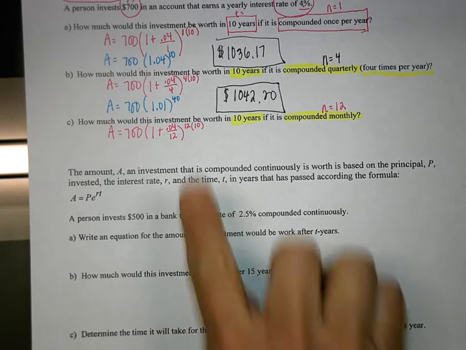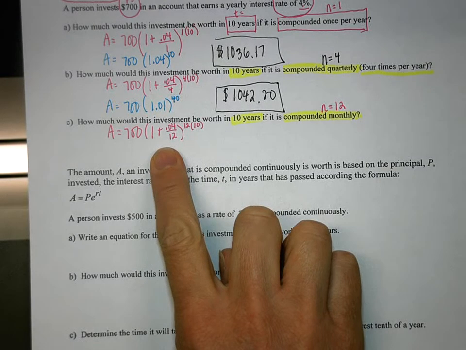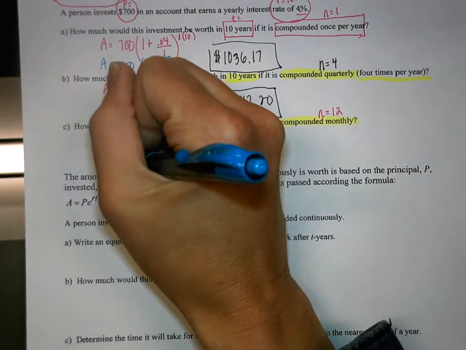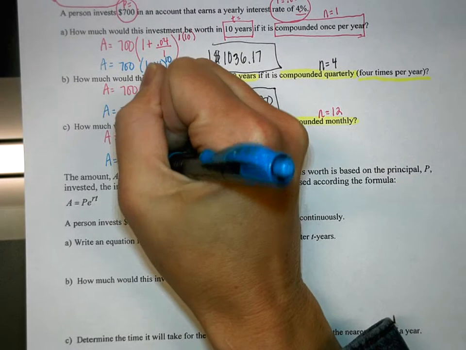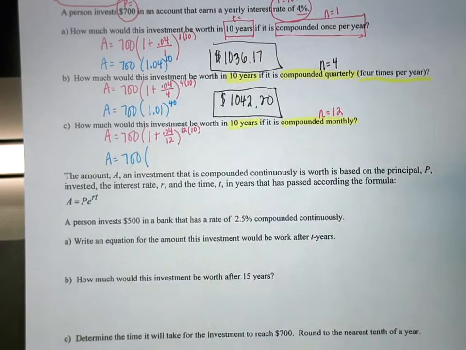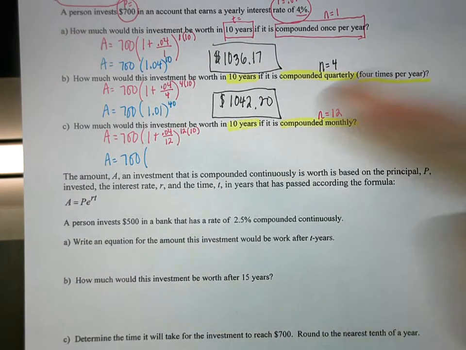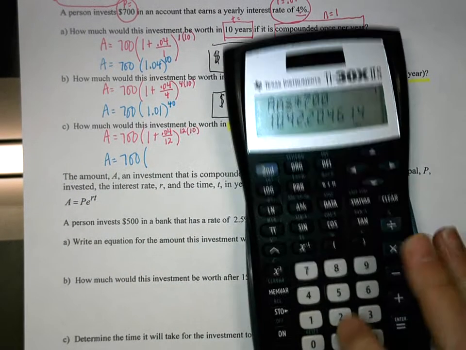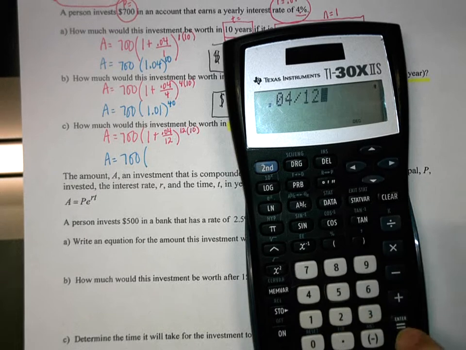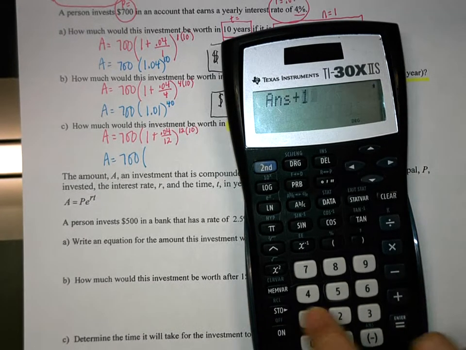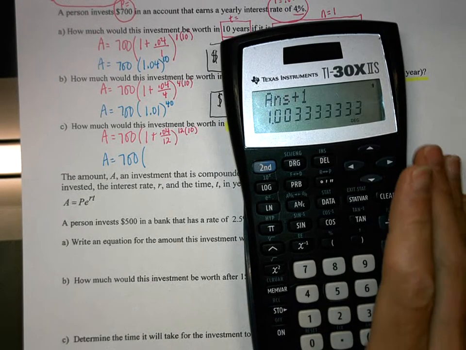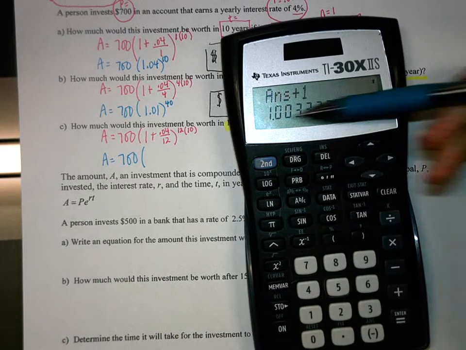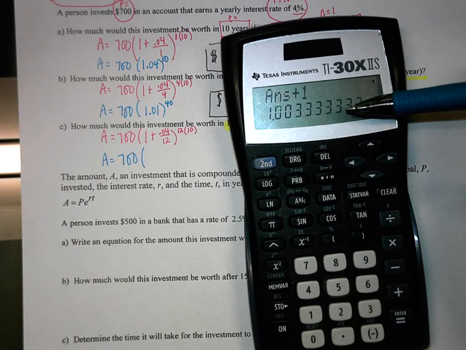Okay, so this is how you should have set it up. What would be the first thing you would solve on this problem when you're trying to figure it out? Parentheses. And so you would take 0.04 divided by 12. And you should have got that value, and then you add 1 to it, and so we have 1 point. What would happen is I would actually leave this in my calculator to make it more accurate.